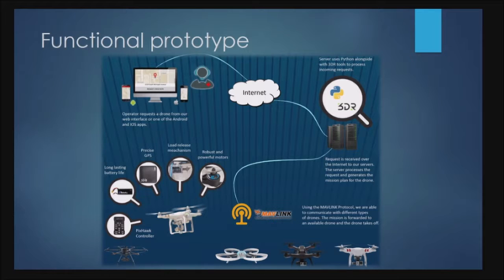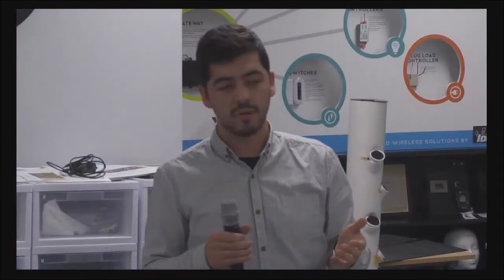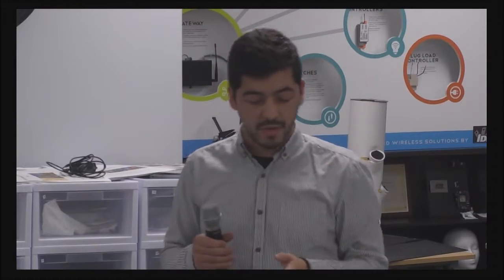It accepts the command, processes it and makes a plan that is deployed to the drone. Then the drone will go to the location that was given from the app. So the idea is that this framework allows you to send a drone autonomously to a specific location just by tapping a request from your phone app to the server.